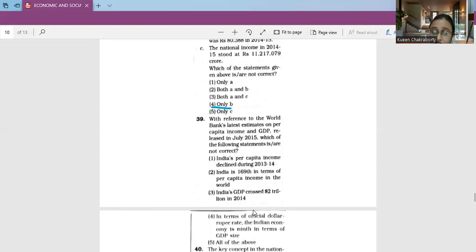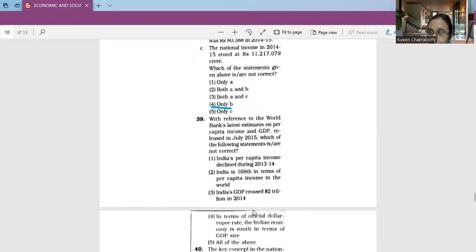Now let's discuss. According to the World Bank's latest estimates on per capita income and GDP, India's per capita income rose 9.7% to $1,631 in 2014 from $1,487 in 2013. The growth rate in per capita income in 2014 was higher than the 0.4% rise in 2013 over $1,481 in 2012.